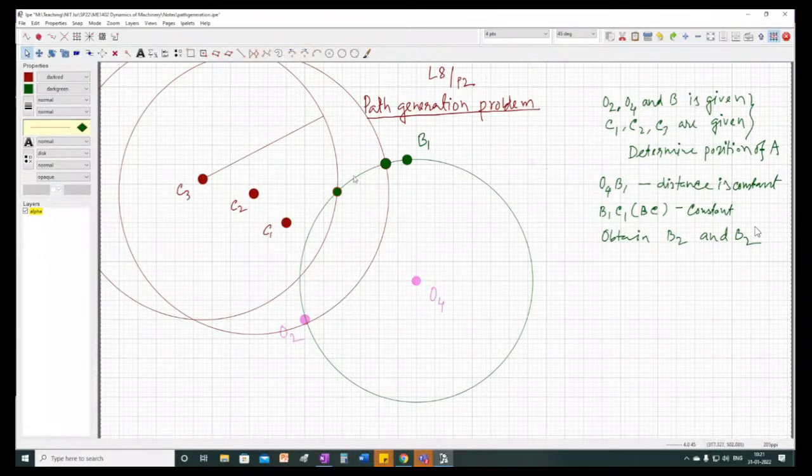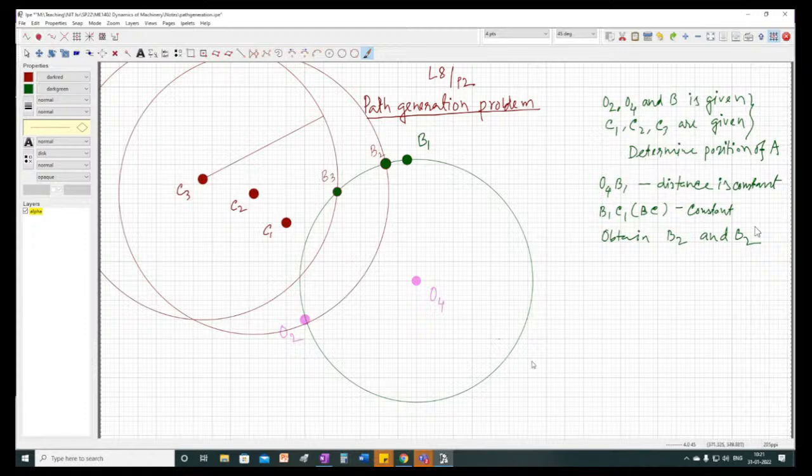So let me write it here. This is B. This is B2 and this is B3. Okay, we now have B1, B2, B3, C1, C2, C3, O2, O4 done.